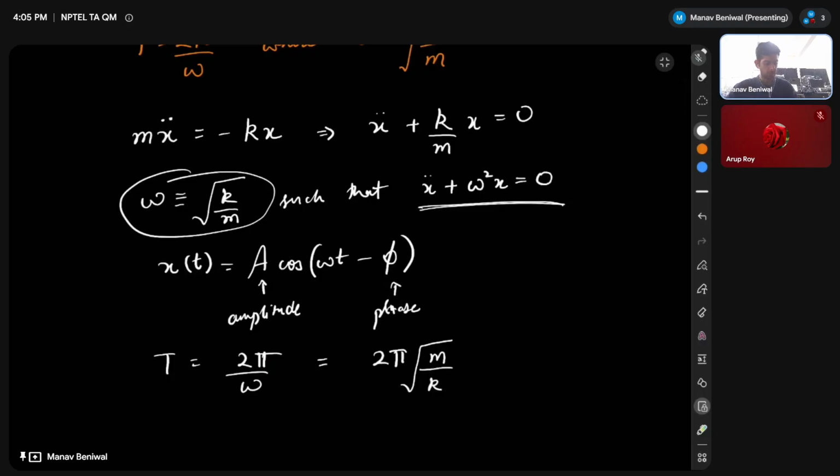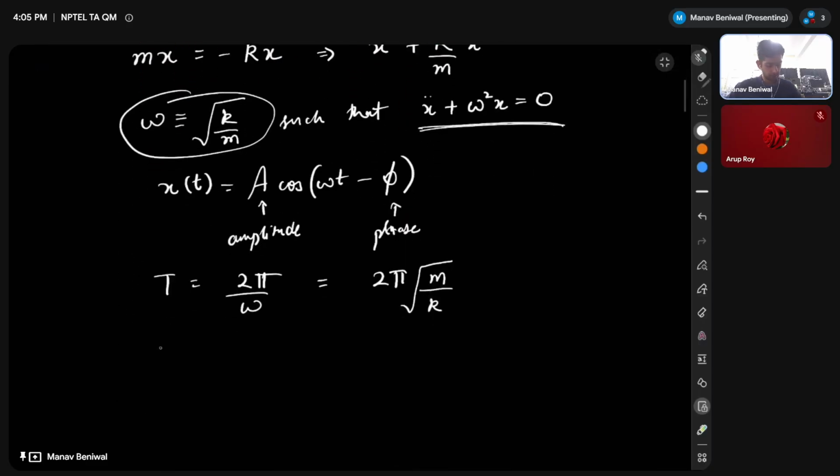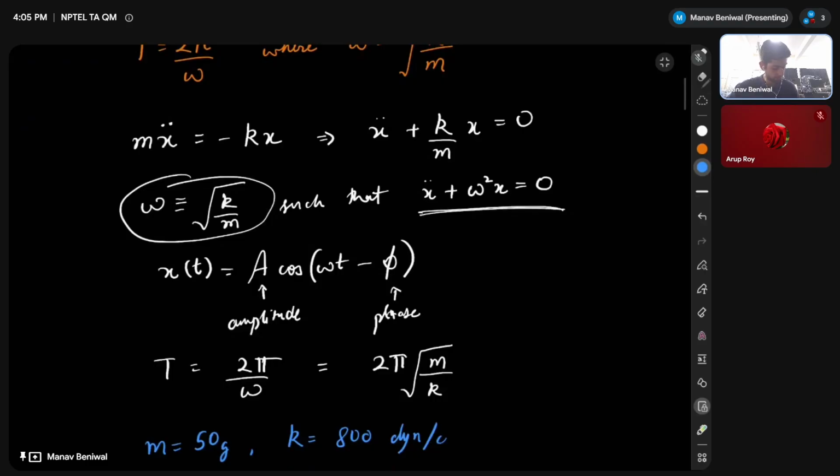Now it is given that mass is 50 grams and the value of k is 800 dyne per centimeter. So mass is given to us to be 50 grams and the value of k is given as 800 dyne per centimeter.